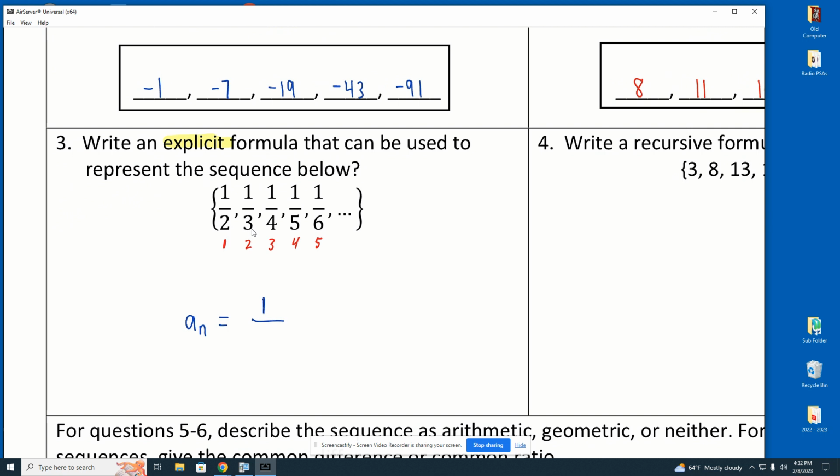For the second term, it gave me a 3. For the third term, it gave me a 4. I know you see it. What's happening with every one of these terms? So when I plug in 1, it gets me to 2. What happened? I simply added 1 to that term number, which we represent with n. So the explicit rule is a sub n equals 1 over n plus 1.